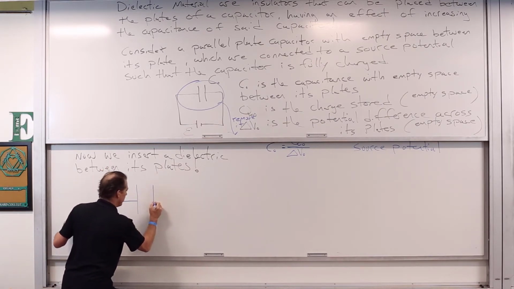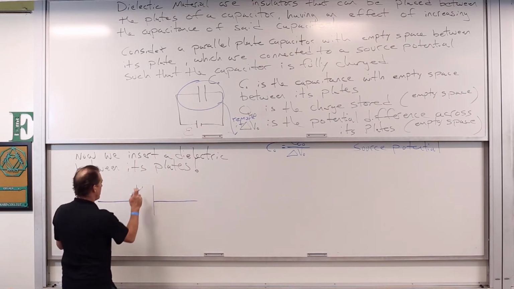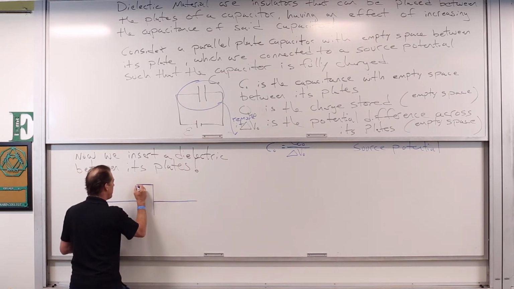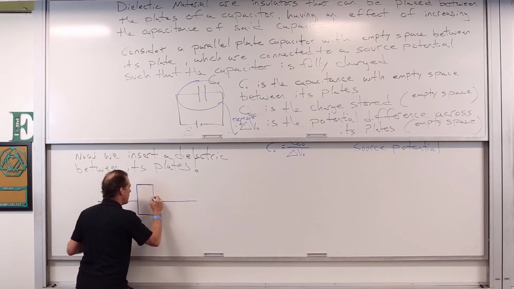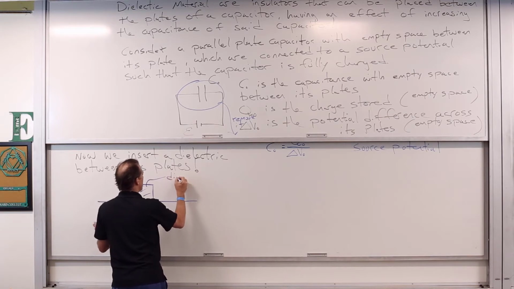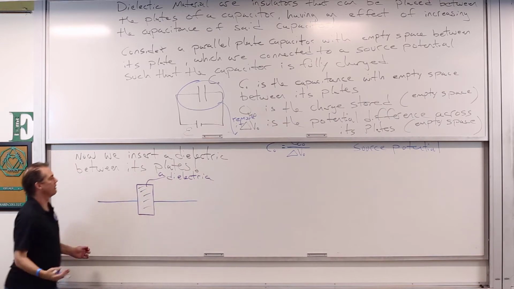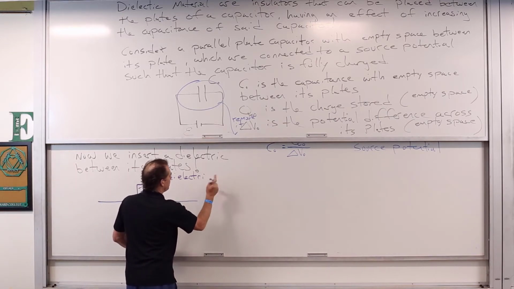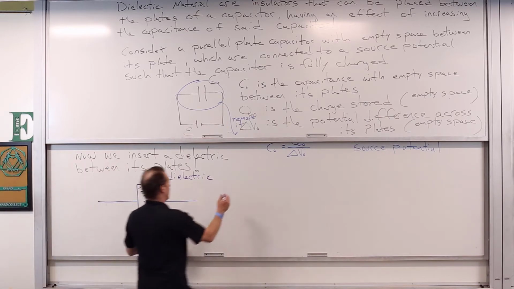Plate like that. There's our capacitor, and then we take some material and put it in between the plates. So I've got this material. It's touching the plates, so we'll just go ahead and say I just kind of sandwich it in between these plates. So this is a dielectric material. So now what happens? That's the big question, right?